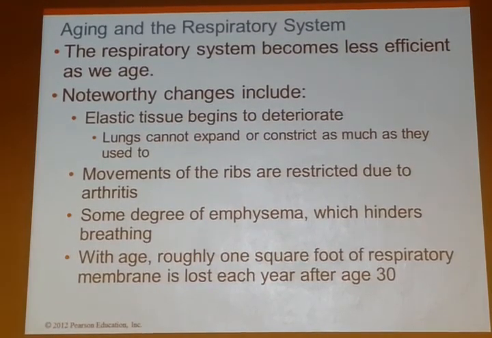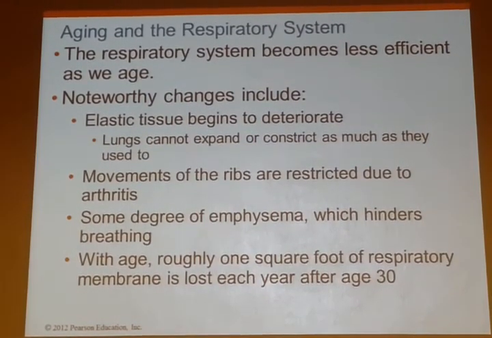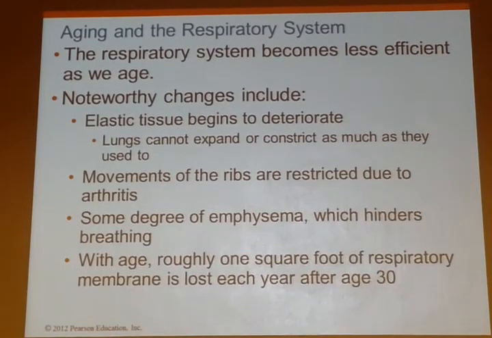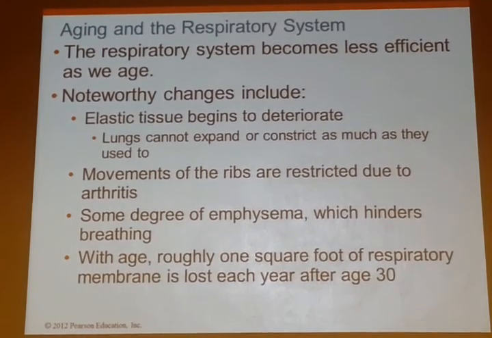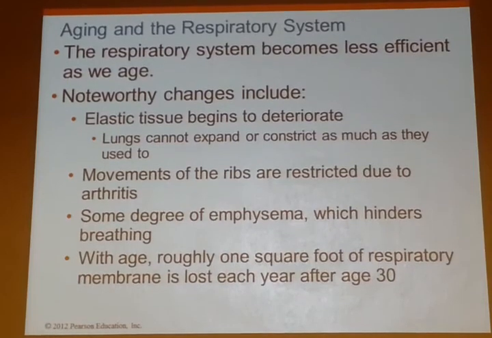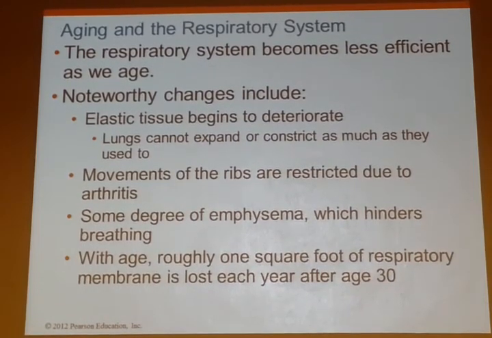Emphysema is a condition caused by a lot of different things, but mostly it's smoking that causes emphysema. When you get emphysema, you actually lose the membranes of your alveoli. You start to get larger alveoli, which means you're losing the elastic connective tissue that was there.